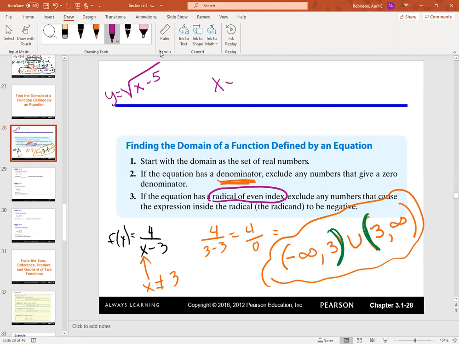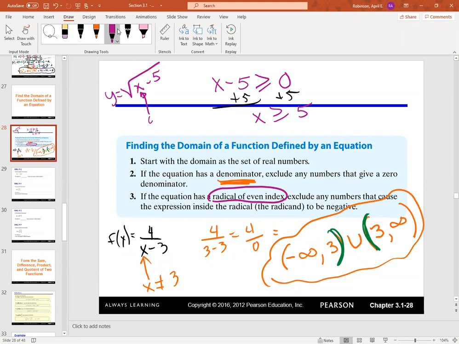So the x minus 5 has to be greater than or equal to 0, because you can take the square root of 0. The square root of 0 is 0. So to solve this, I would add 5 to both sides. And that's going to tell me that x has to be greater than or equal to 5. So right here, I can plug in 5. 5 minus 5 is 0, and the square root of 0 is 0.